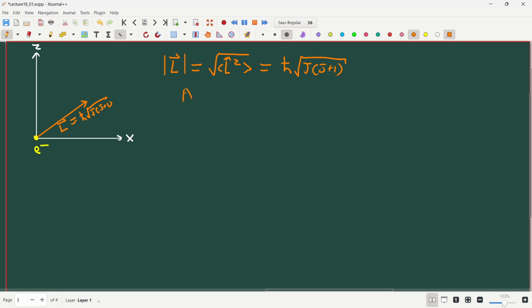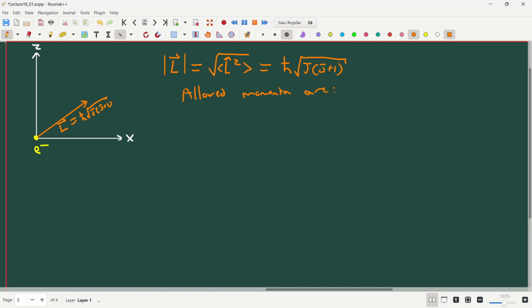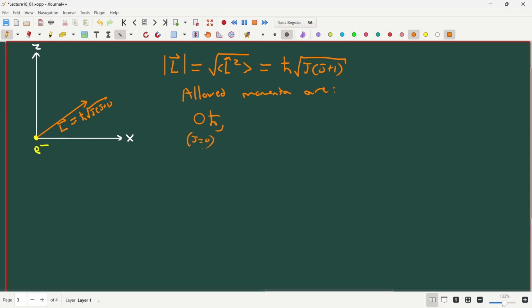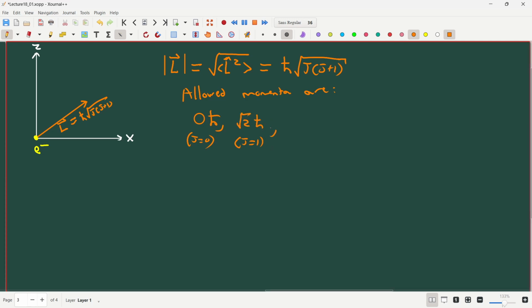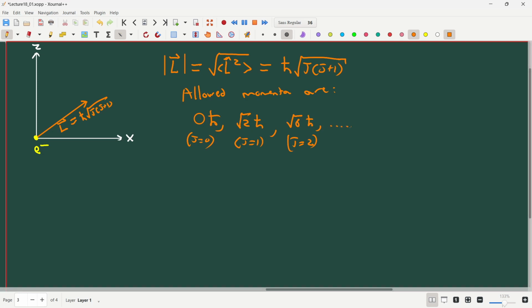That means the allowed angular momenta are 0 h bar, where j is equal to 0. Then we have j equals 1. That's 1 times 2, square root of 2 h bar. j equals 2, that would be 2 times 3, that's 6, square root of 6 h bar. And so on and so forth.